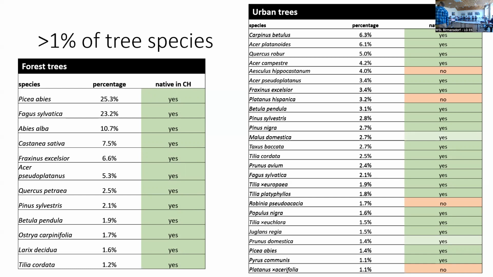Anyway, what we see is that most of the most common urban trees are actually natives, right? With a few exceptions. We're talking horse chestnuts, obviously, plane trees, Robinia. But there are also some more dodgy cases where we have to consider whether we can really call them native trees. Pinus nigra as well, but that's a whole different discussion. But also we have domesticated apples, plums, pears that are very common in urban tree data sets.